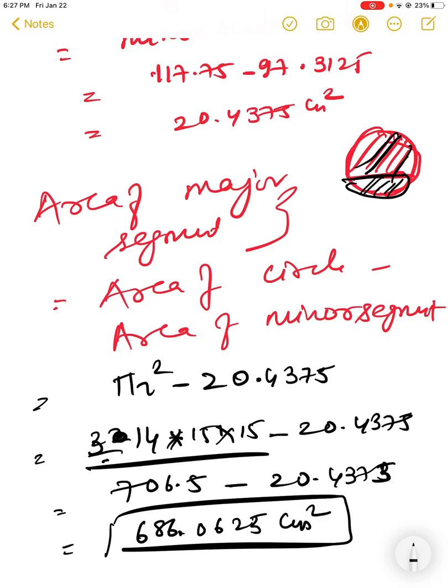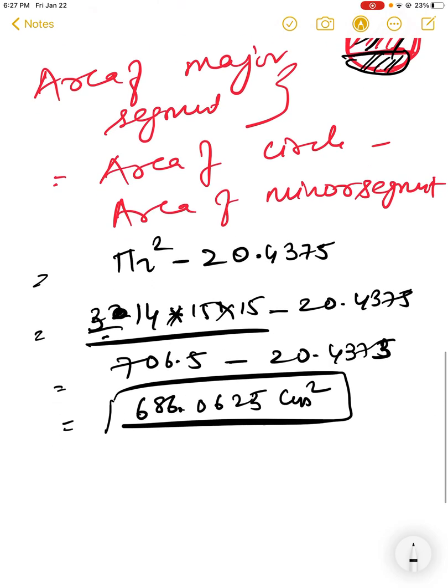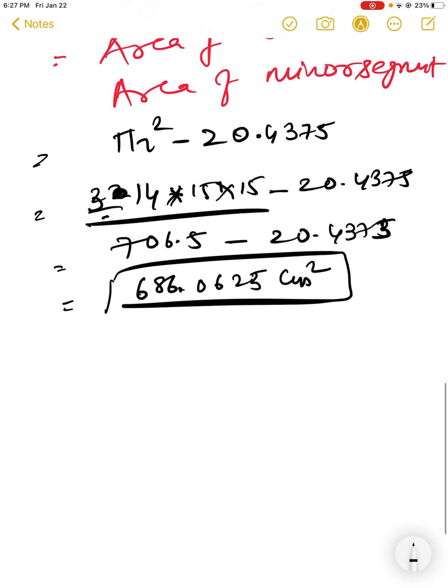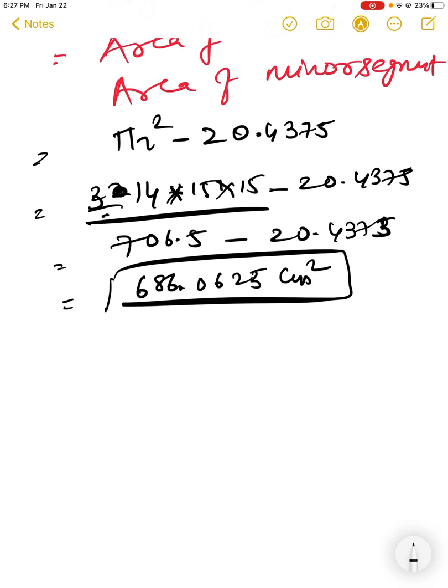Problems 4, 5, 6 are cancelled, and only one problem is there, that is the 14th problem, that we have to do. I will complete it here only.